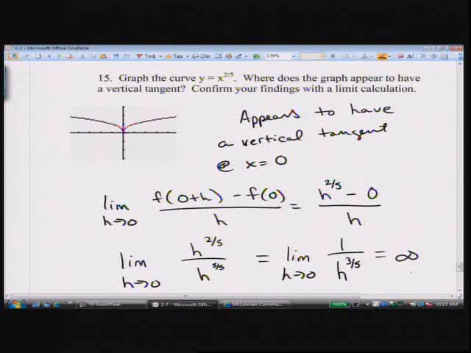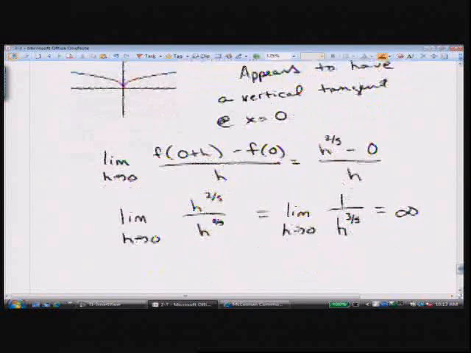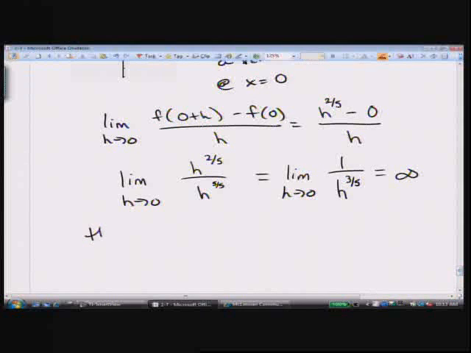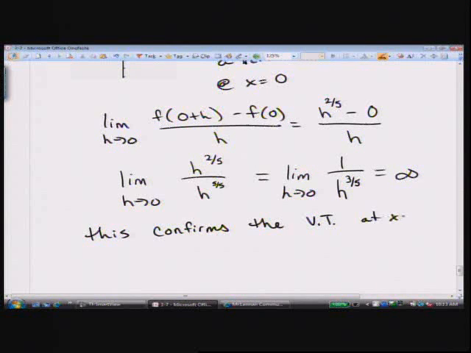So that confirms we have a vertical tangent at 0. You can have a vertical tangent when your limit is infinite. If your limit doesn't exist, then that tells you that the graph goes vertical at that point.